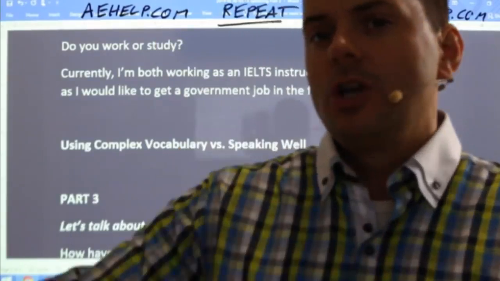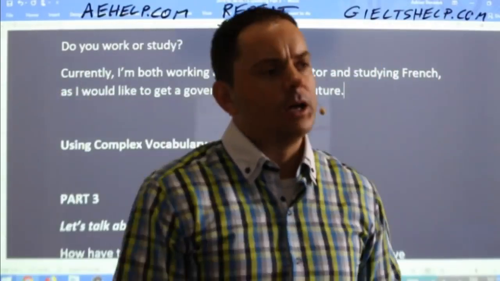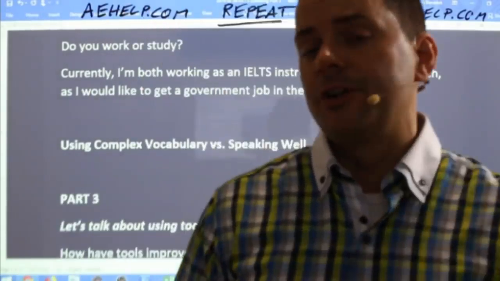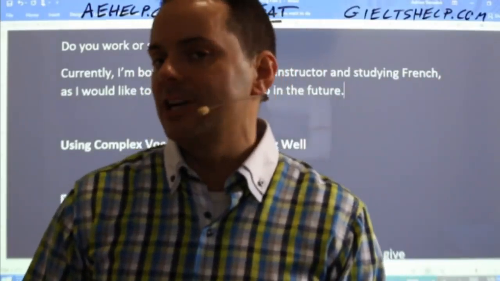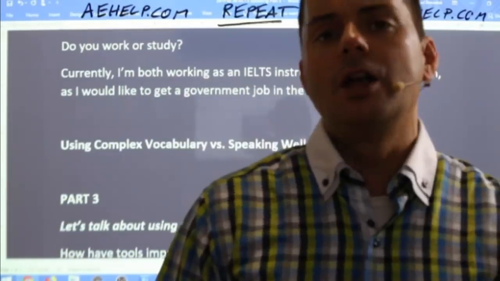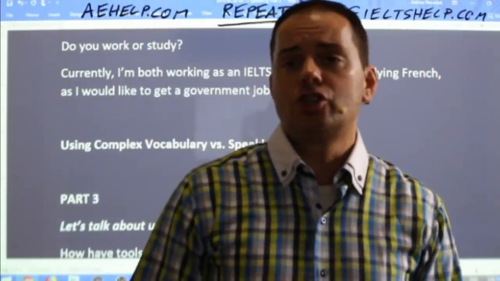Students, using adjectives, using descriptive language will make your band score go up. Some students believe that you need to use rare and unusual, uncommon English words to show high vocabulary, but that's not actually true. You need to use descriptive language to show your vocabulary.